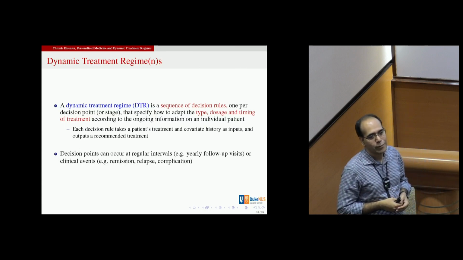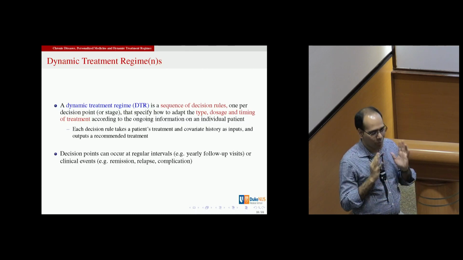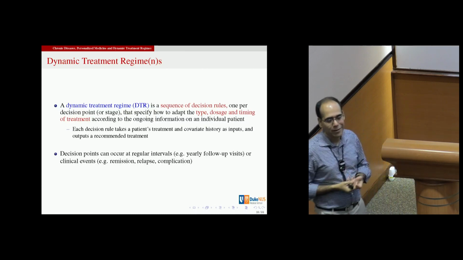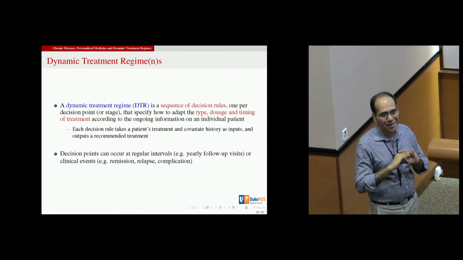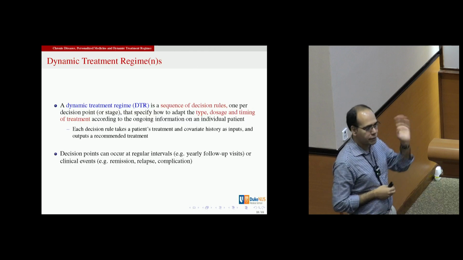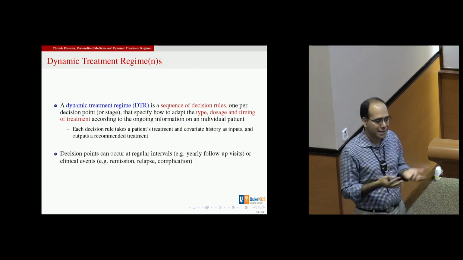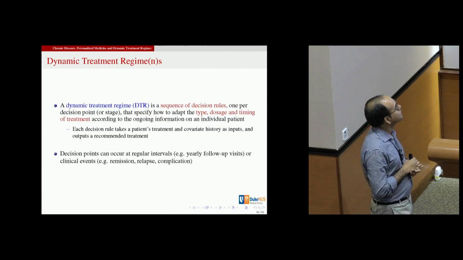Regimen is a more humane term, whereas regime is a more military kind of word. So in medicine, people sometimes prefer regimen. Luckily the acronym stays the same. DTR works for both, and these are exactly the same thing. But if you go to the literature now, even in the stat literature, you will see both words being used.